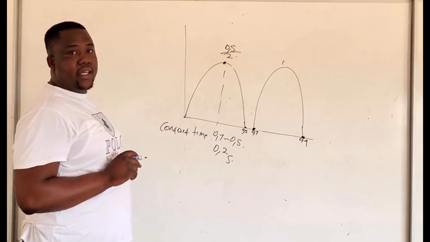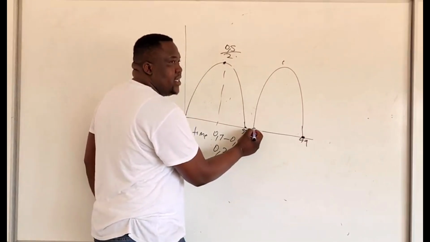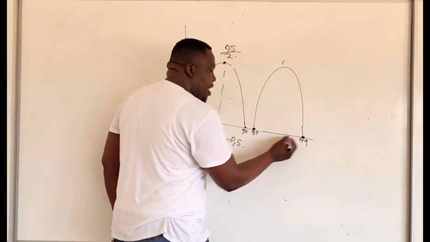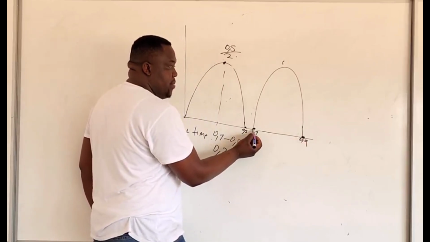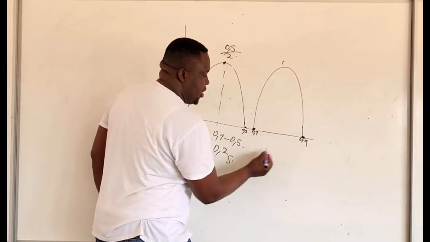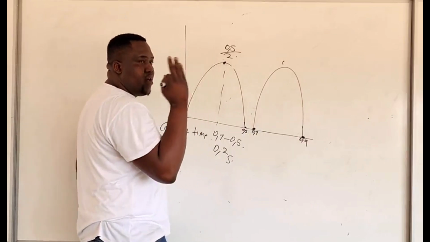So notice that difference. Here we just count that when it started, it was 0.7. When it ended, it was 0.9. Meaning that the time it took from the initial to final is 0.3. From 0.7 to 0.9, it is only 0.3 seconds.